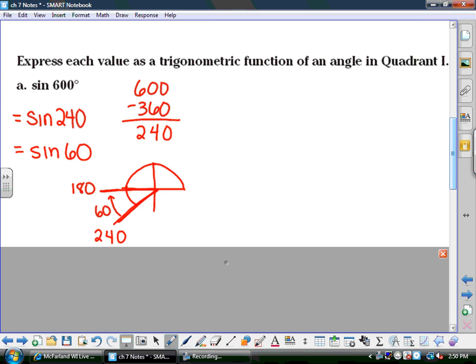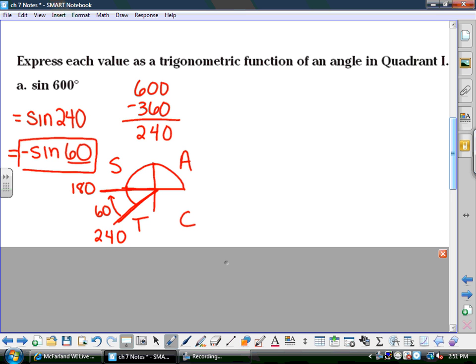The only thing that might be different is it might be different by a positive or negative. The way we can tell is in the first quadrant, sine would have been positive. In the third quadrant, though, it should be negative. So it's not exactly the same as the sine of 60. It's equal to the negative version of the sine of 60.